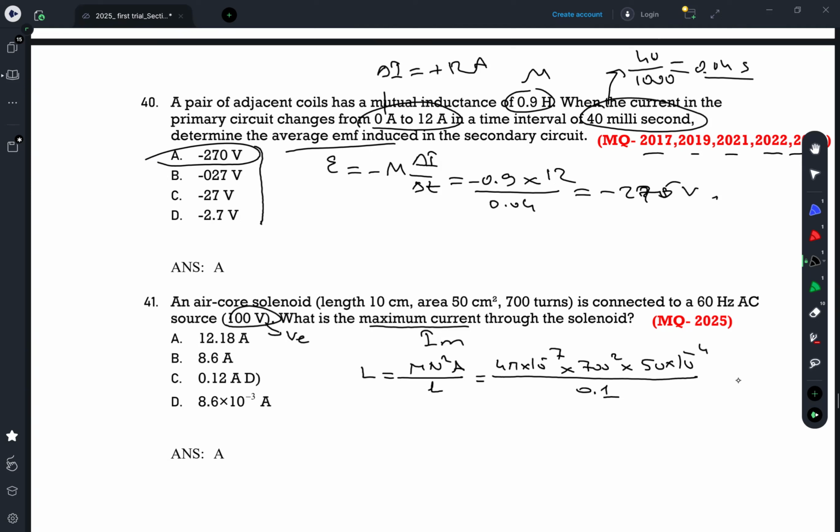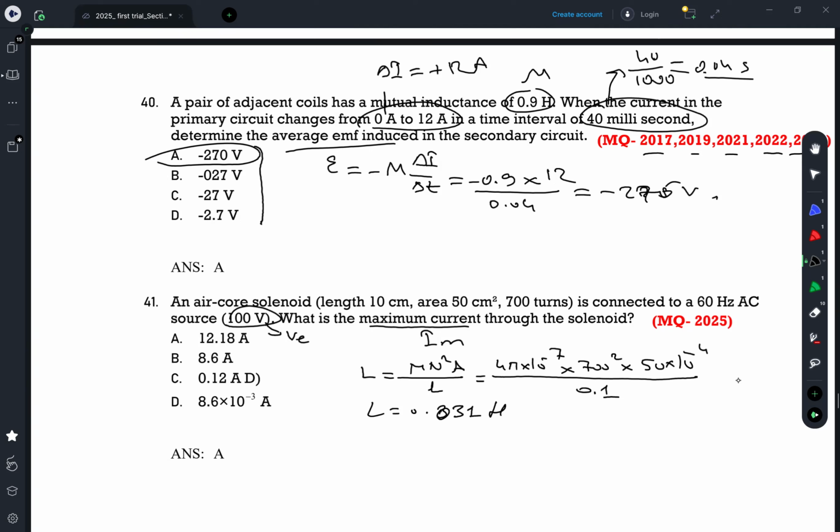So 4 times 3.14 times 10 to the power of negative 7 times 700 squared times 50 times 10 to the power of negative 4 divided by 0.1. L is equal to 0.031.